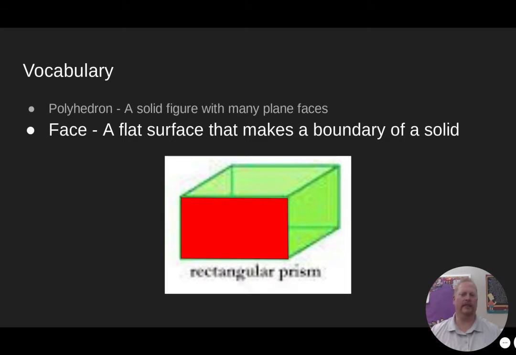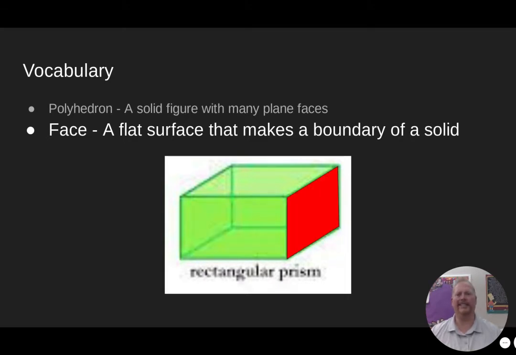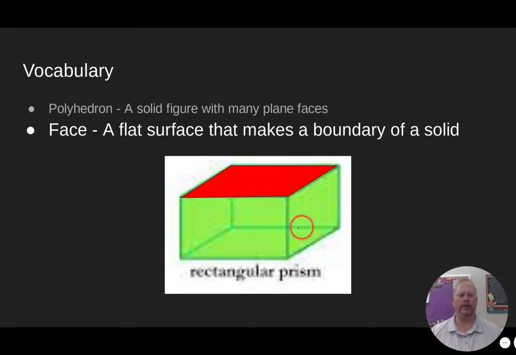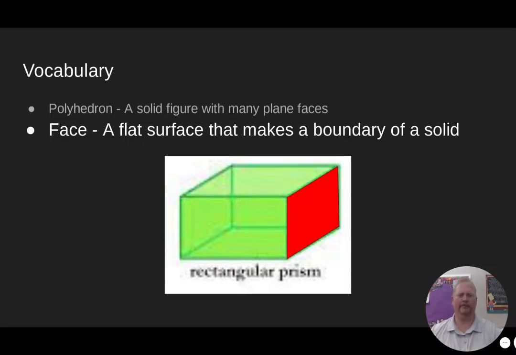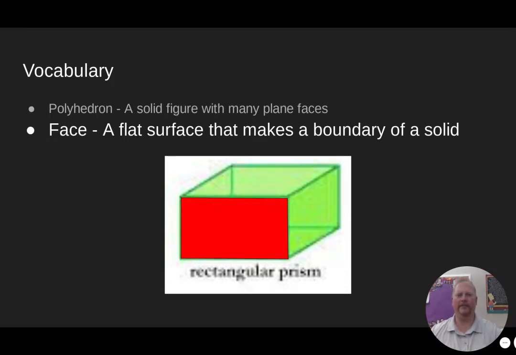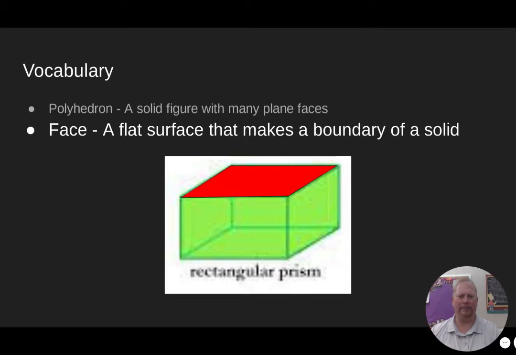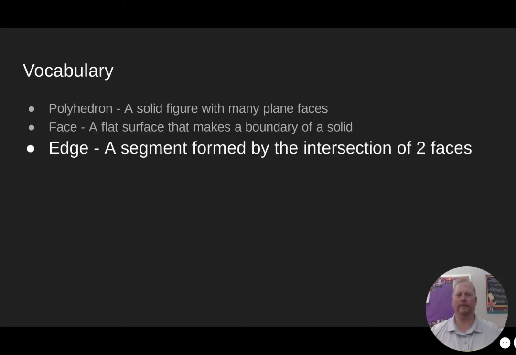You can see the front, the side, and the top. You can see the bottom, the left side, the back. So all 6 faces make up this solid.